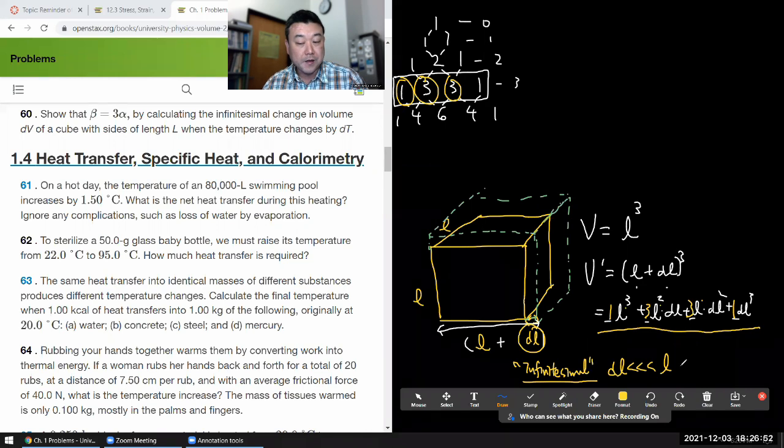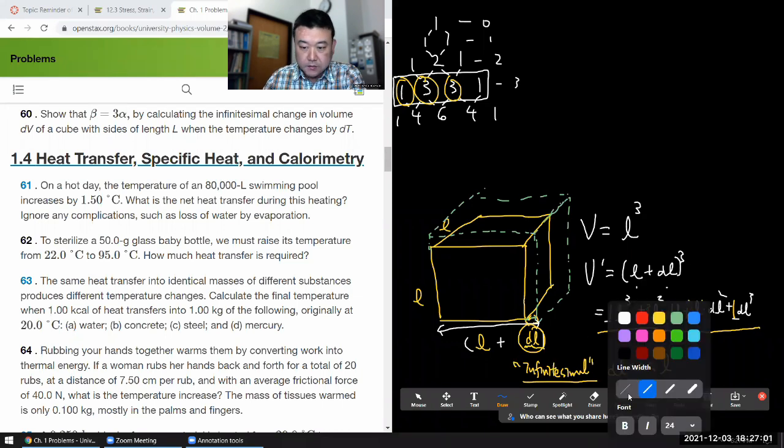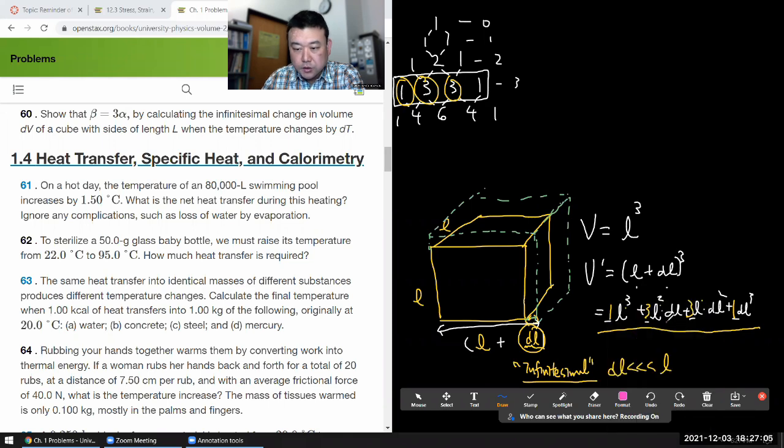So the magic of calculus is that when you have these very small changes, you have that small change raised to power 1, raised to power 2, and raised to power 3.